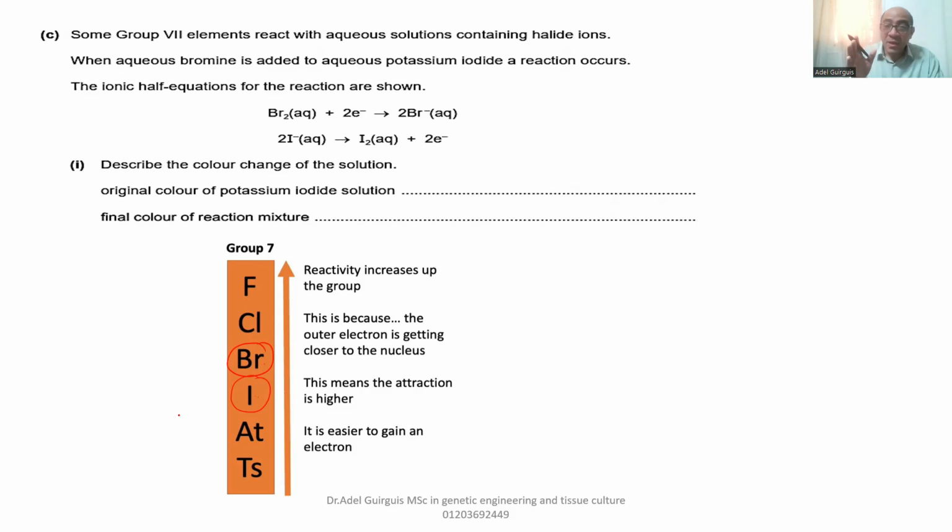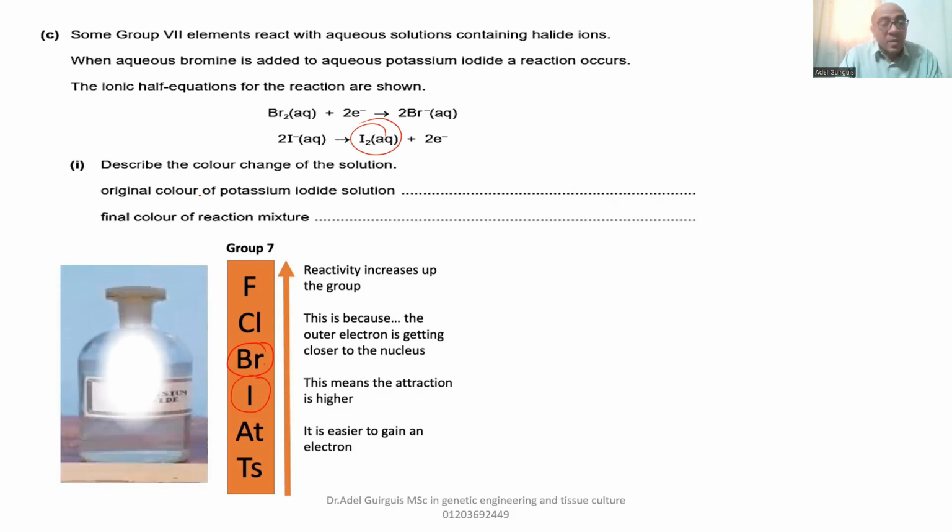Displace iodine, eject iodine from its salt, from its halide, as I2 here. What's the color of I2? Okay. Each element in group 7 displaces the next one below. Why? Because it's higher in its activity.